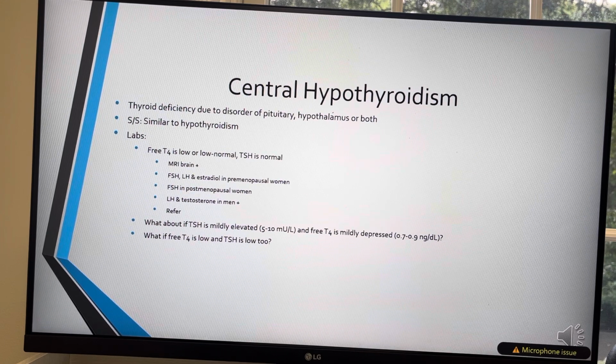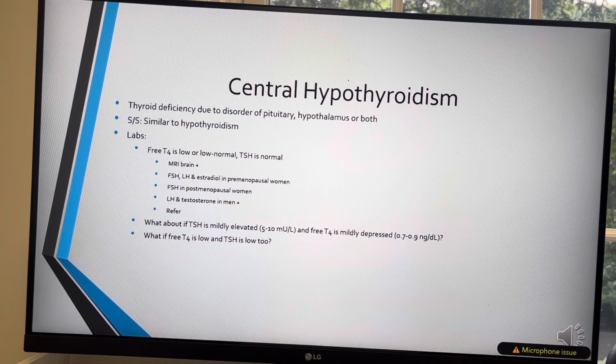Now, what about if the TSH is mildly elevated and the free T4 is mildly depressed? That could be central hypothyroidism. That could also just be overt Hashimoto's or overt hypothyroidism. Again, you'll want to repeat in about 2 weeks.